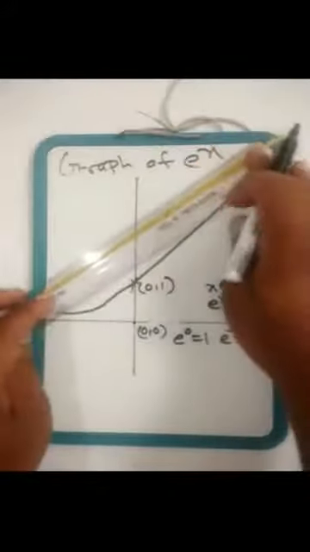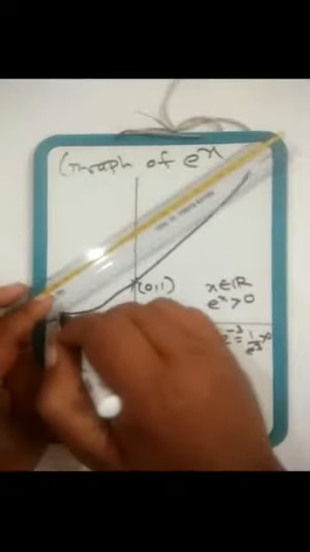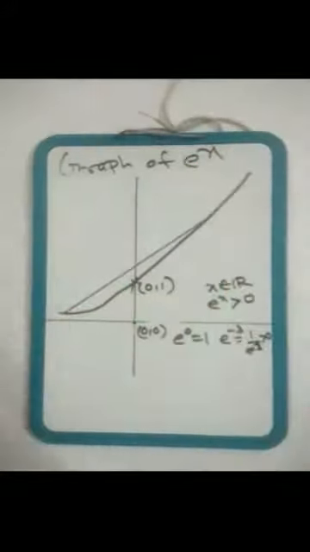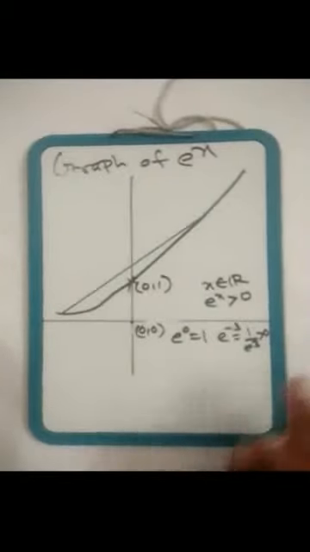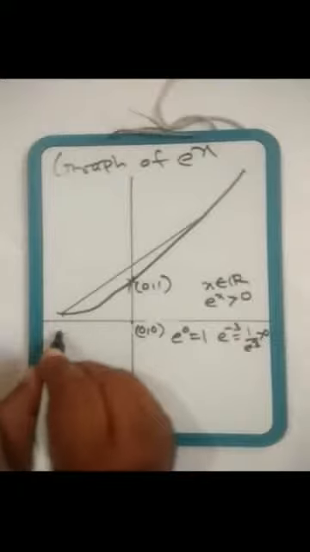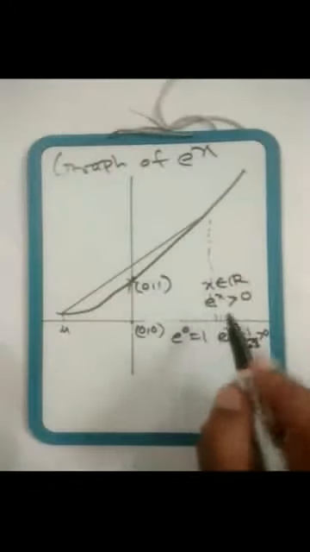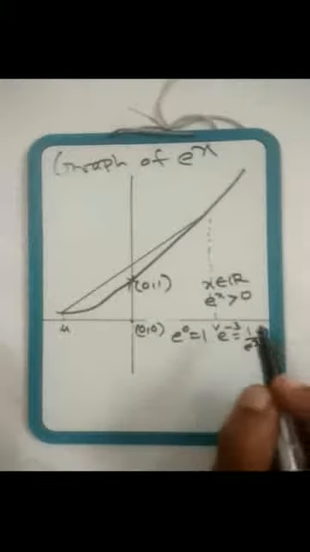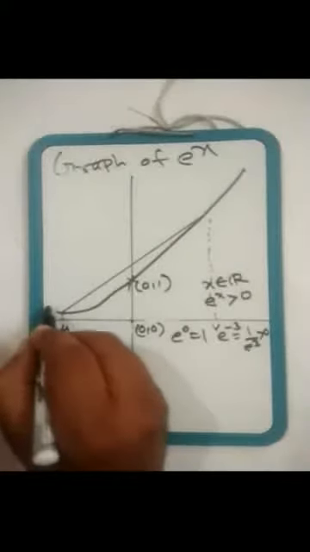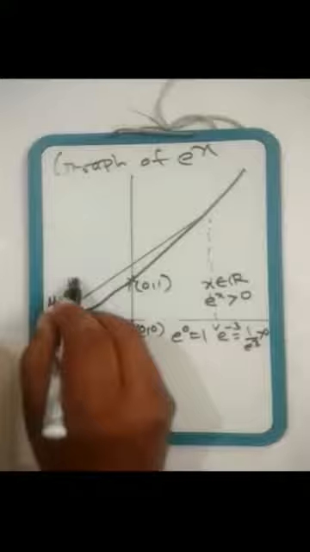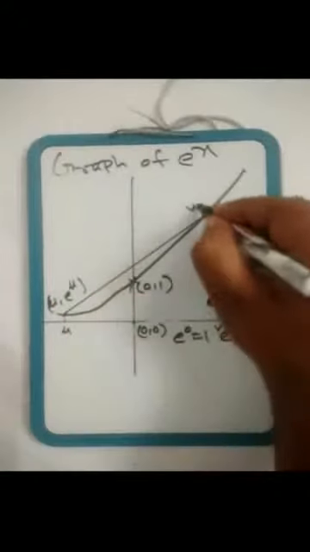Suppose we take any two points on this, u and v. So I have a point over here, this is u, and this is a point v. So this is u comma, and this point is v comma.